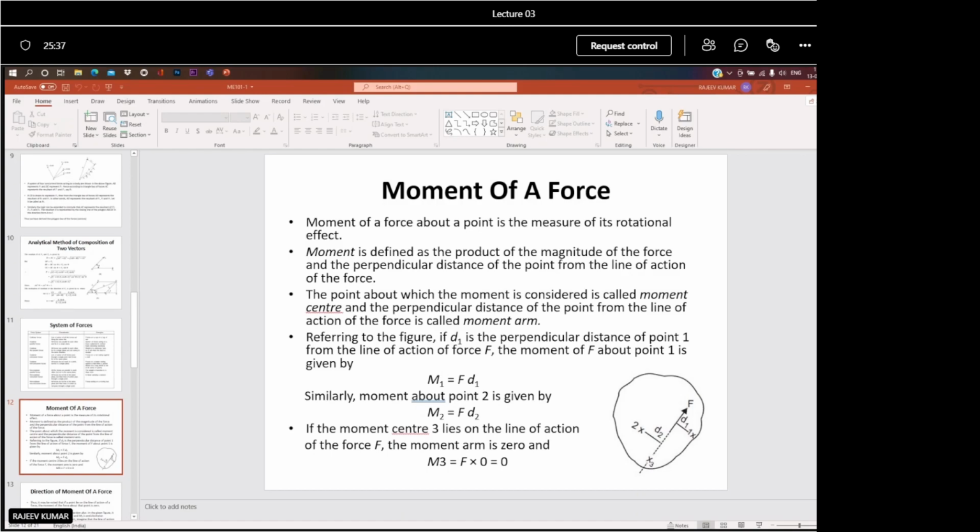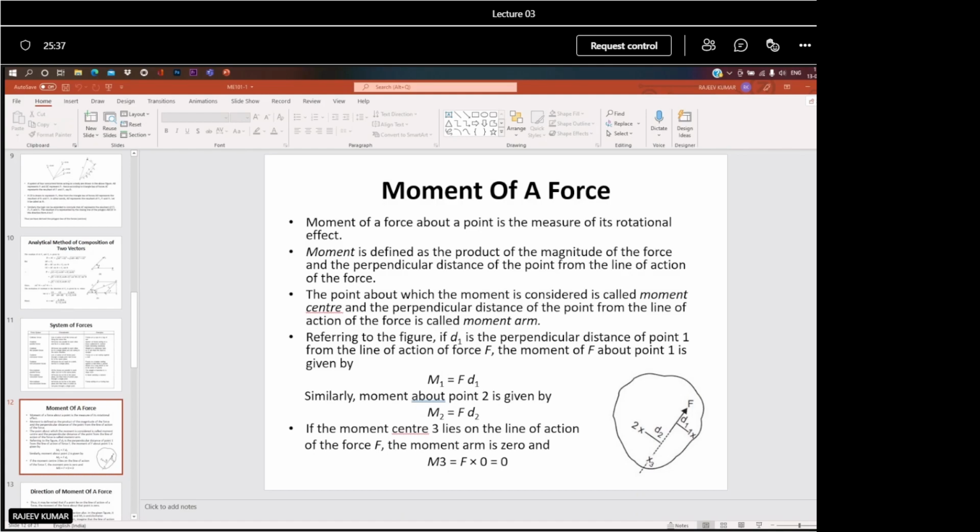Because you are applying a force and a rotational effect is created, a moment has been created. So the moment of a force about a point is defined as the product of the magnitude of that force and the perpendicular distance of the point from the line of action of the force.